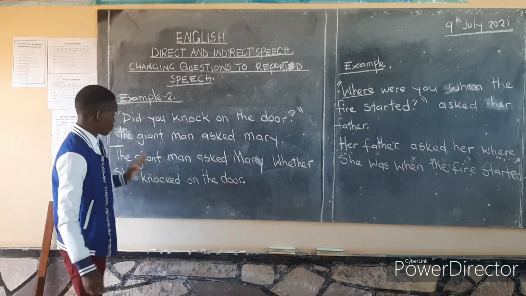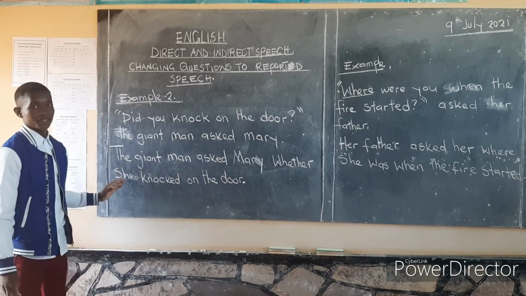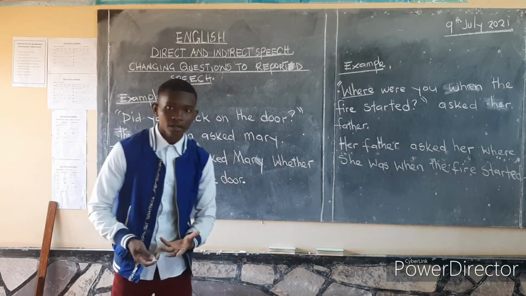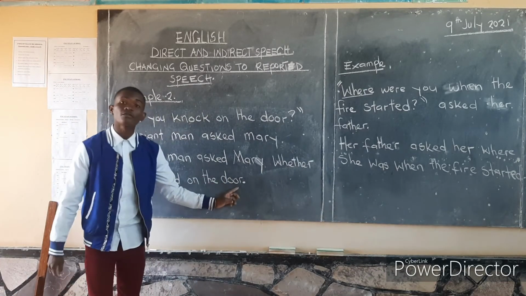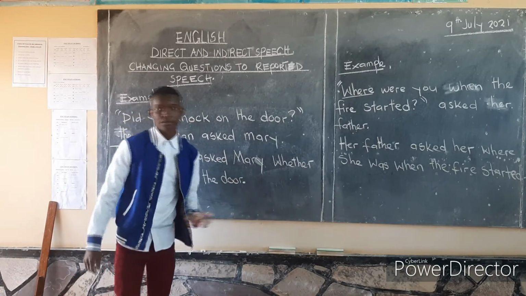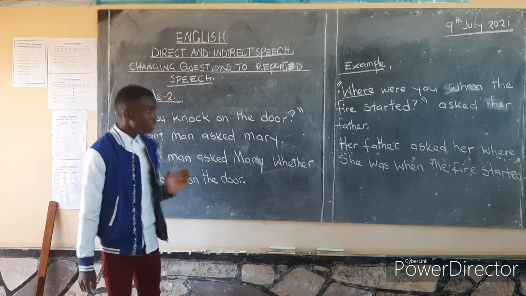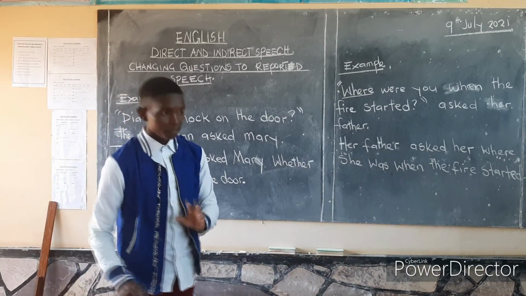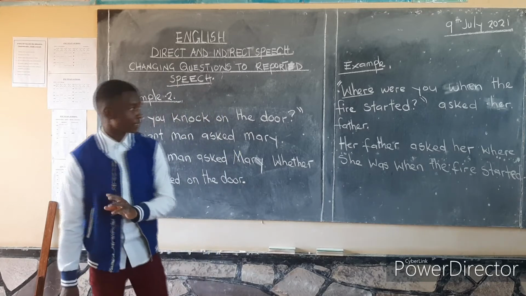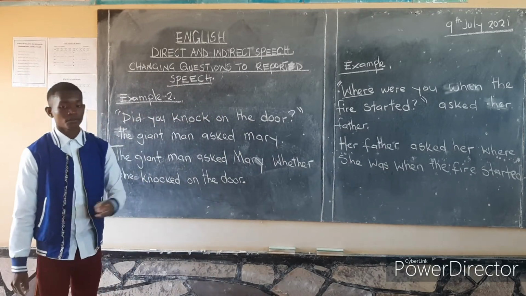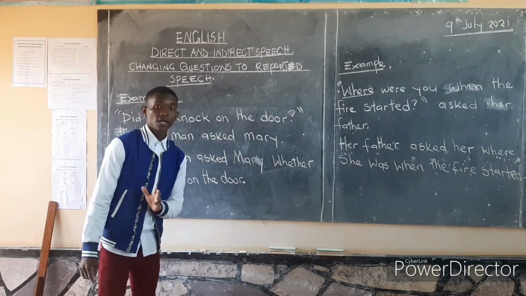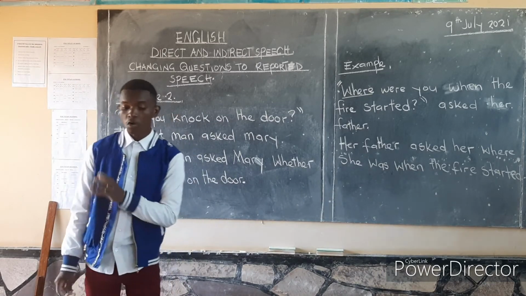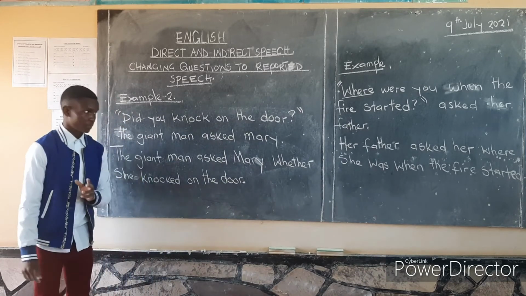We said when we change to indirect speech, this sentence does not require an answer. Therefore, it is just going to have a full stop instead of a question mark. So this is how we change the two types of sentences: the sentences that have interrogative words and the sentences that have the auxiliary or the helping verbs.